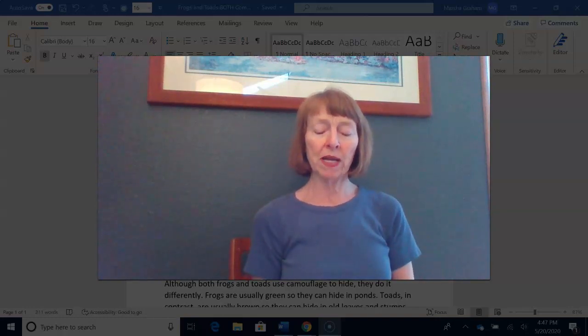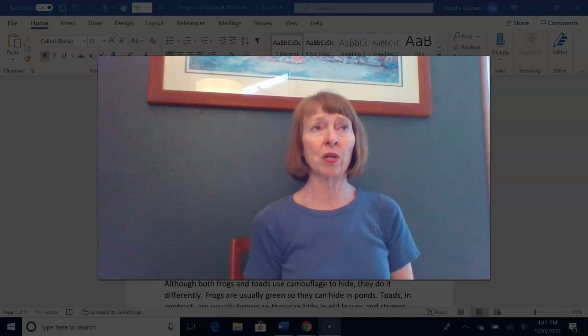So I want to remind you, remember at the beginning of the year when we read the book, How to Be Cool in 3rd Grade, we had two main characters, Robbie and Bo. We looked at their character traits and we thought about how they were similar and different. We call this comparing and contrasting.